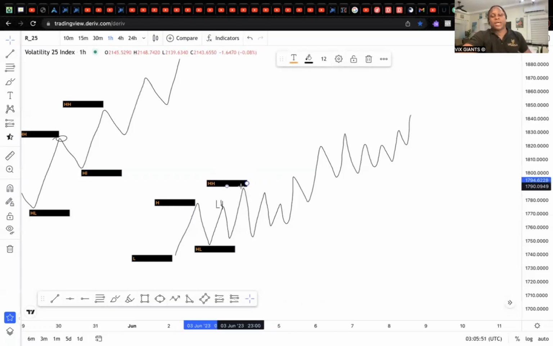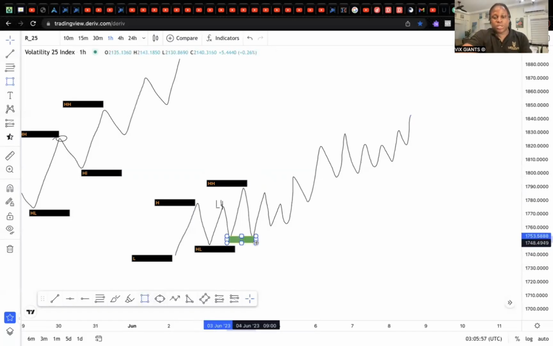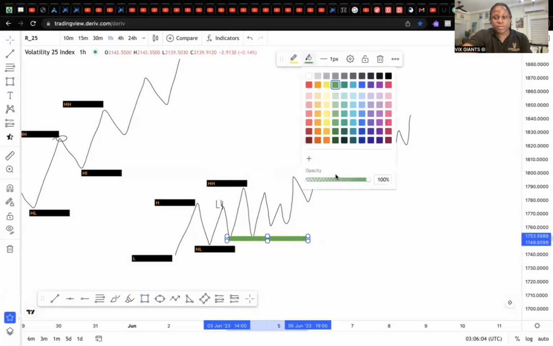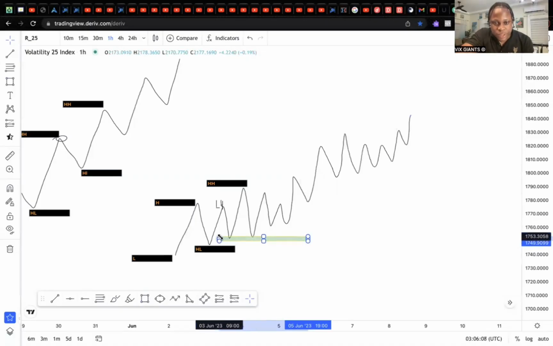After creating that higher high point, we push down here. If I draw a rectangle and drop it right here, you would notice that this new low that the market created pretty much came back and tapped into the previous low.